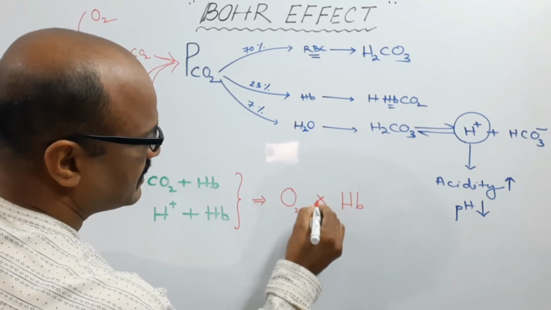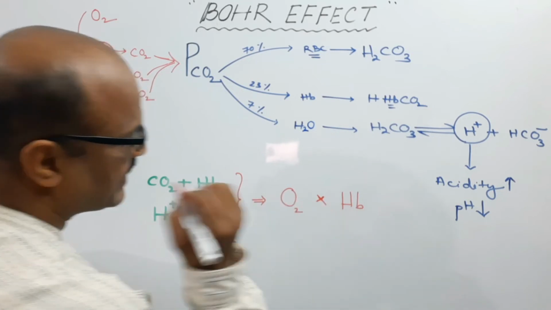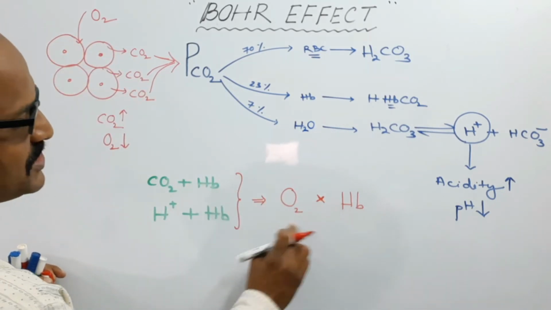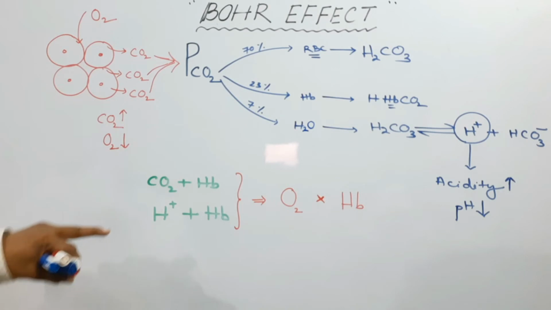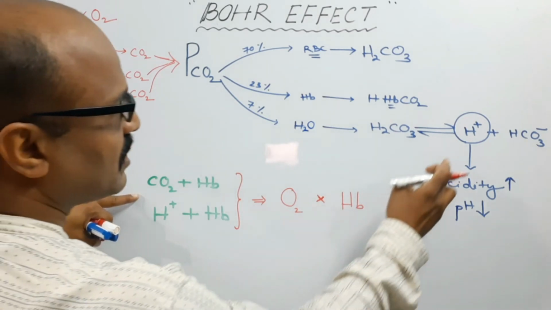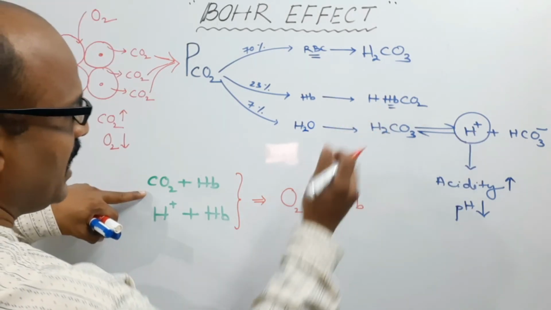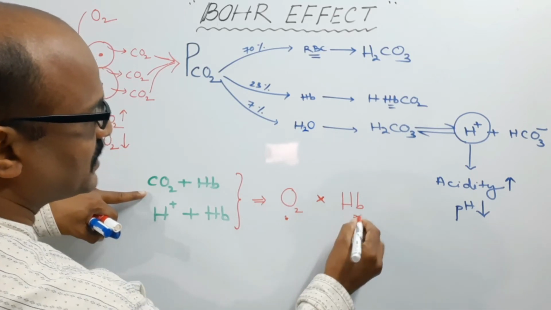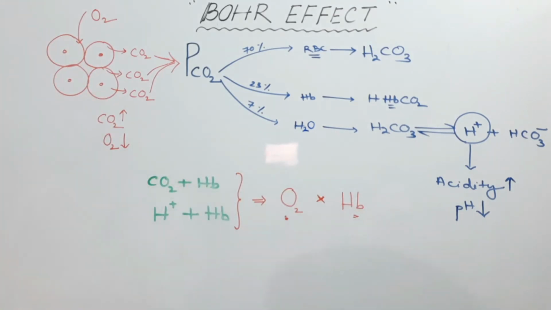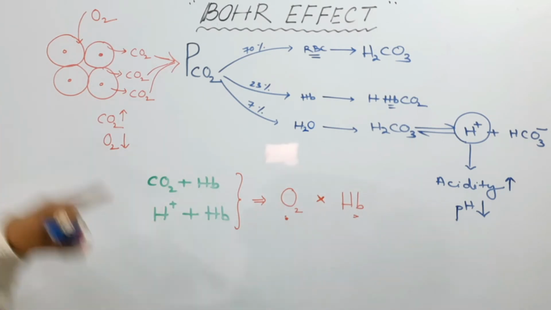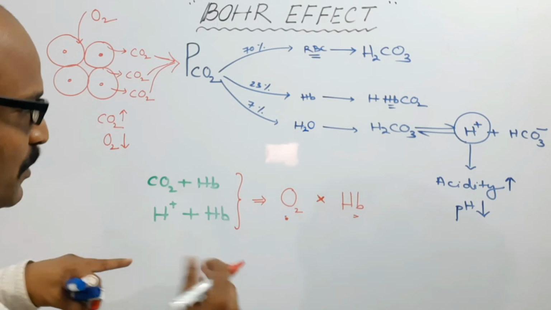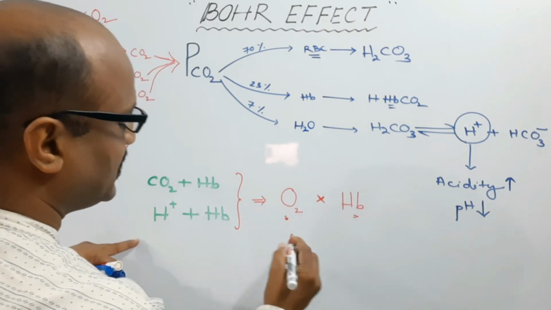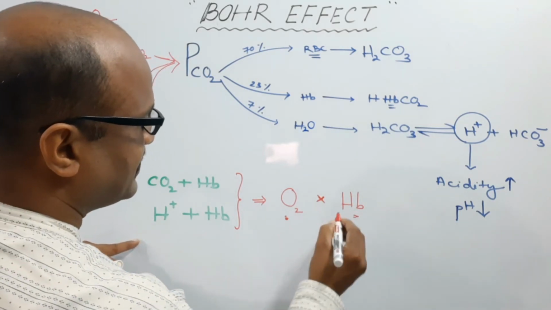Suppose this is the cross mark, meaning it decreases the affinity of oxygen with hemoglobin. So with the increase of H plus ion, the affinity of oxygen to the hemoglobin decreases. Okay, and this is known as the Bohr effect. It means that here affinity is decreasing.